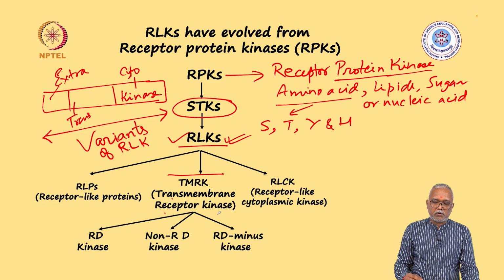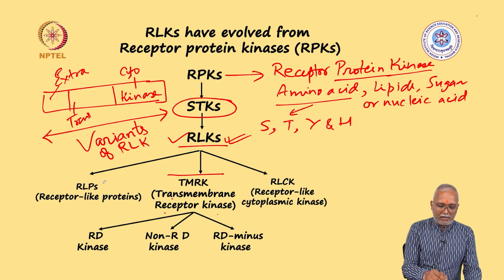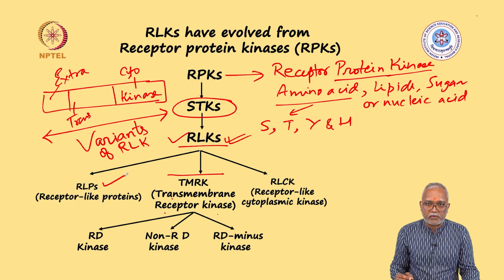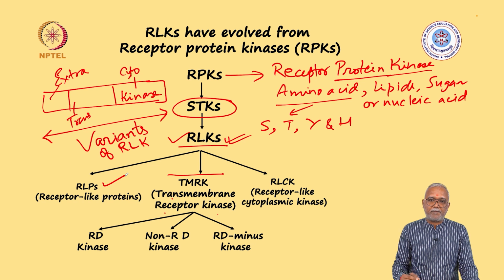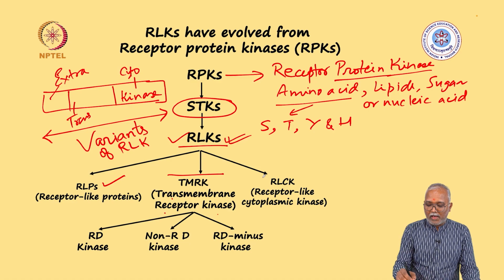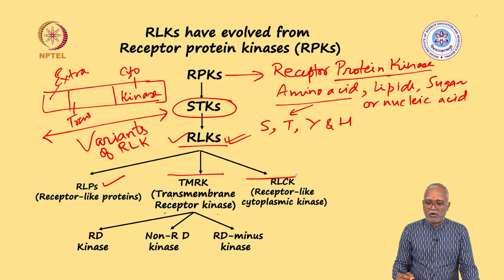Then there are variants of RLKs which are called RLPs, receptor-like proteins. These receptor-like proteins have an extracellular domain, they are embedded in the membrane, but they lack the intracellular domain with kinase activity. Then you have a complement of that, which is called receptor-like cytoplasmic kinases.